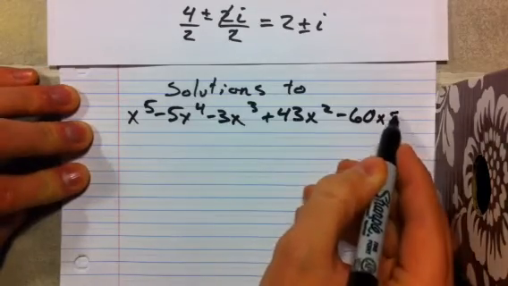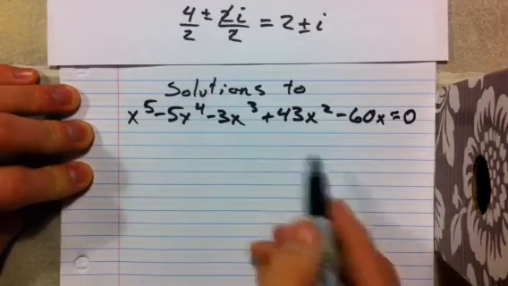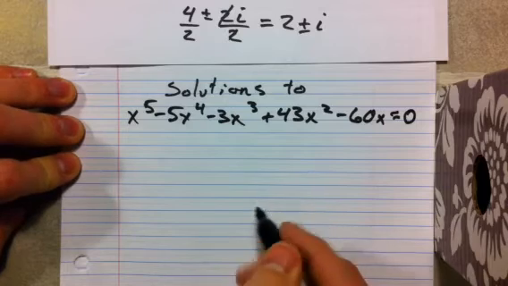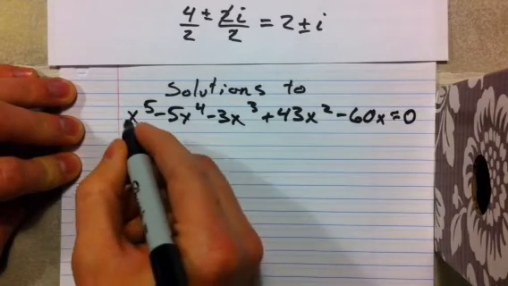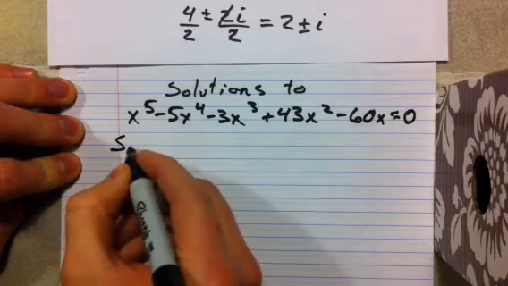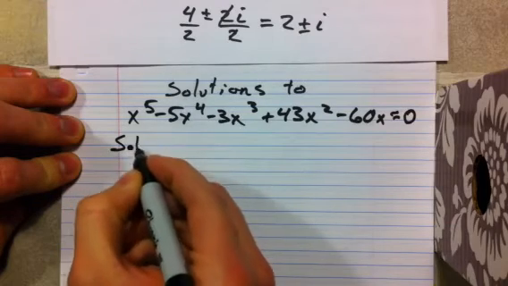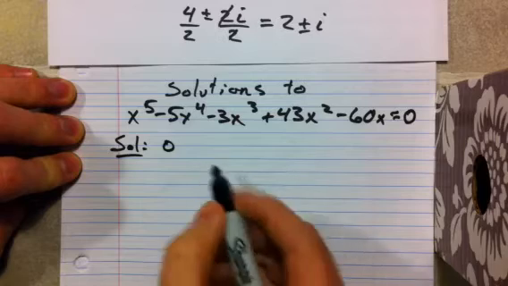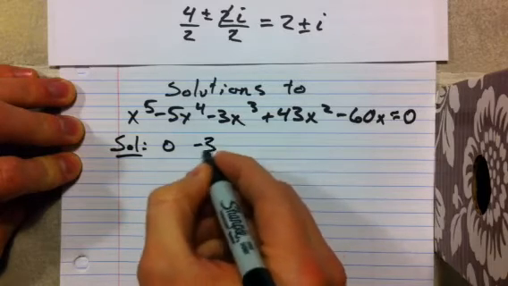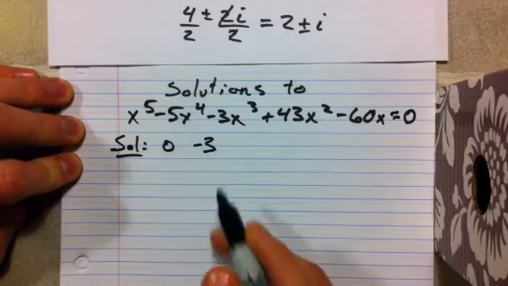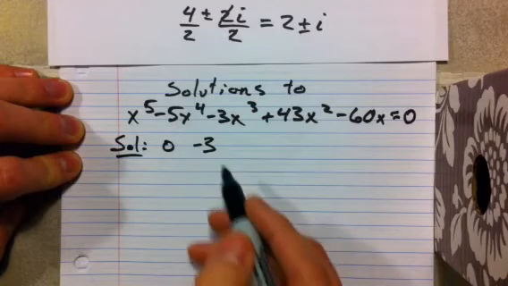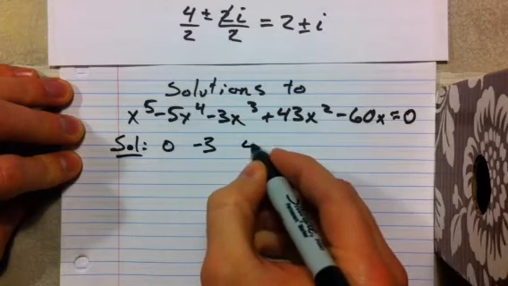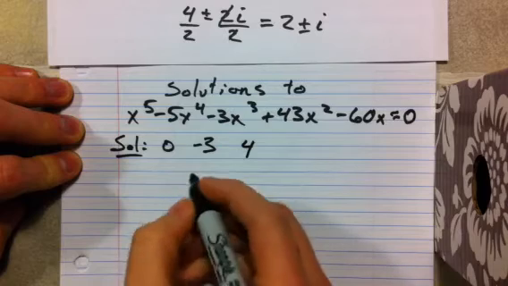If we set that equal to 0, we just found all of the solutions for that equation. The first one we found was we factored out the x. And so the solutions are 0, and then we divided by negative 3, we divided by x plus 3, really. We plugged in a negative 3 and got 0. We plugged in 4, which was an x minus 4 factor.